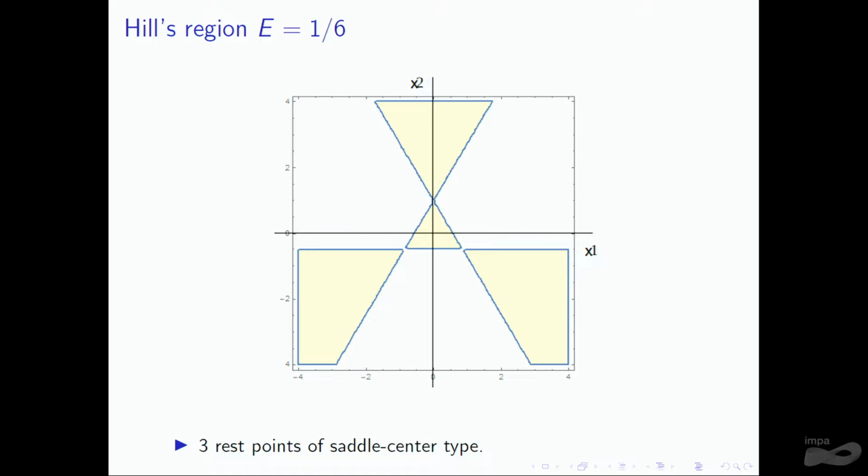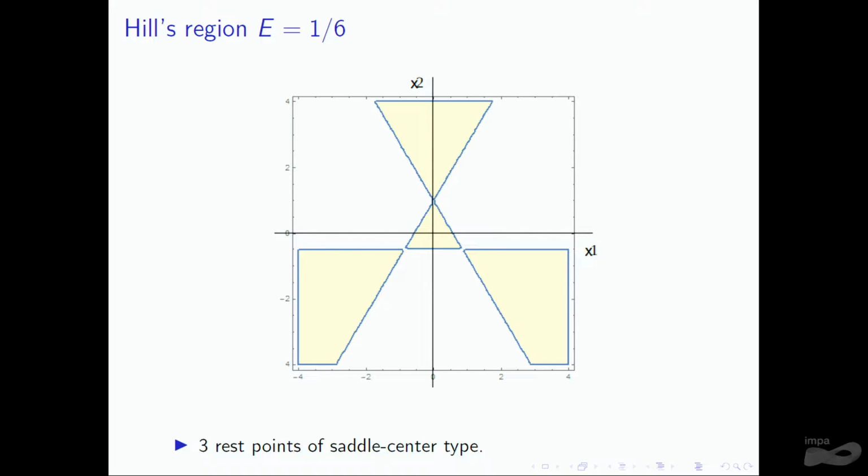And the dynamics, again, outside here is uninteresting. And here it is a bit more complicated. I'll say something about this. Okay? So this is a saddle point.